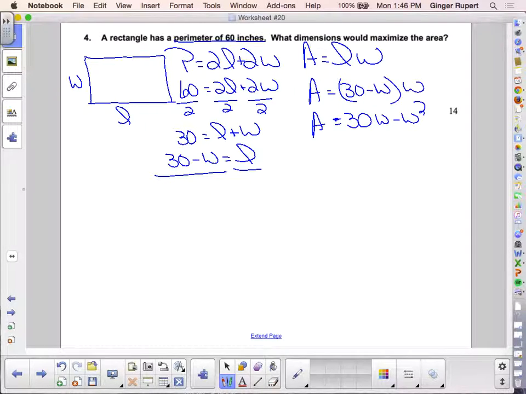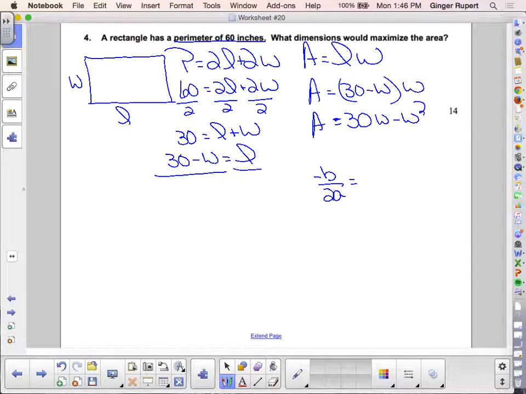So then, if you find your vertex, remember that's where this maximum value will occur, is at the vertex. It's at minus b over 2a, the x coordinate.